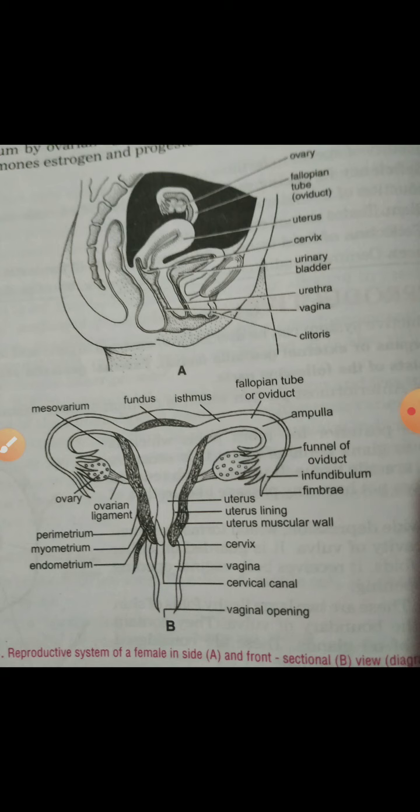In this, the primary female reproductive organs are ovaries. Ovaries are paired structures. They are present on either side of the lower abdominal cavity.